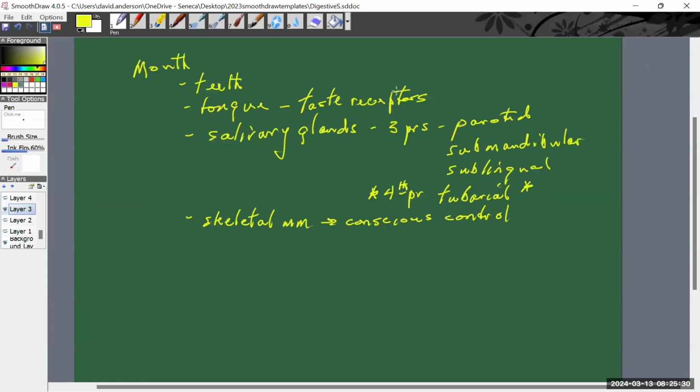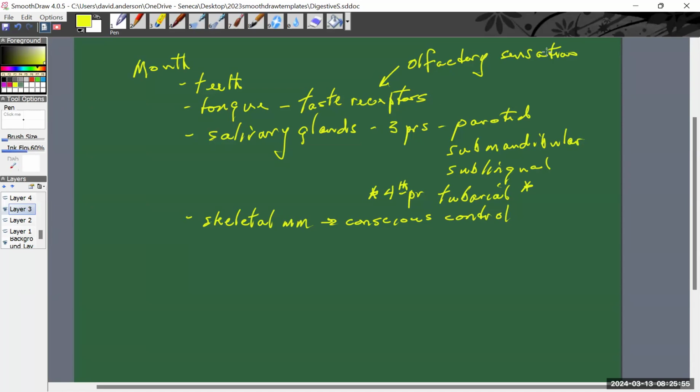But the concept is based on the fact that these taste receptors are going to be found on the tongue and on the back of the pharynx, and together with influences from the olfactory senses, we know that olfactory sensation helps augment the taste sensation.